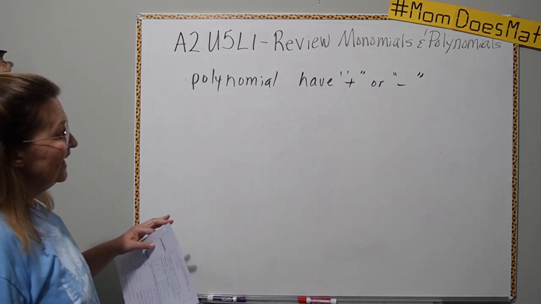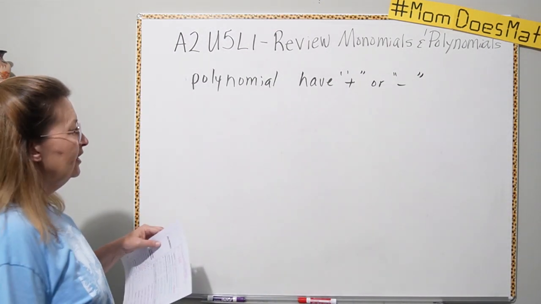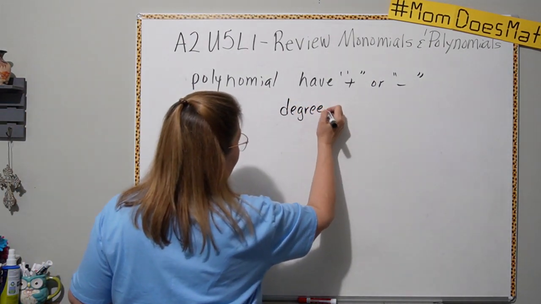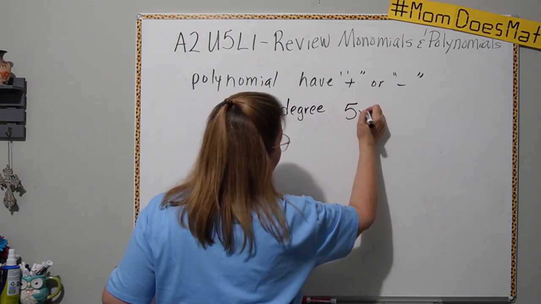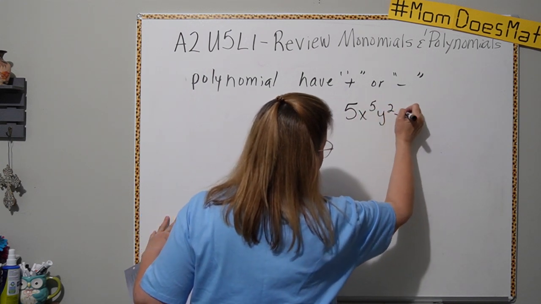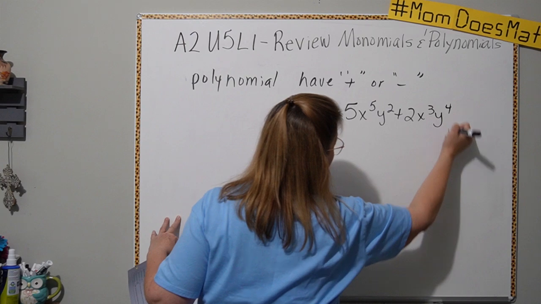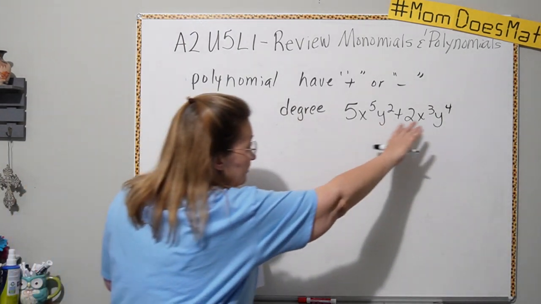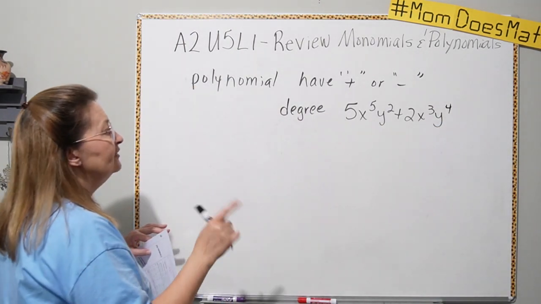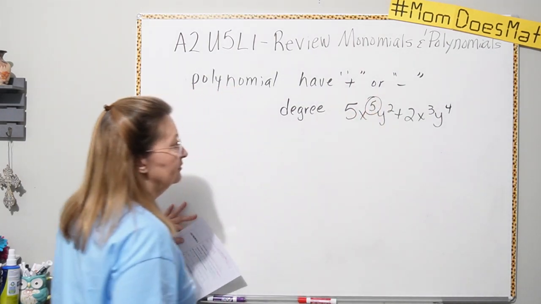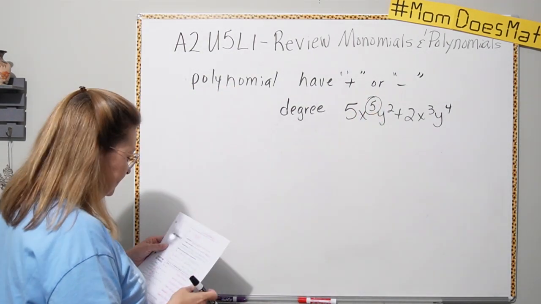Now, the highest exponent in a polynomial is called its degree. So when you look at your polynomial, like 5x to the 5th y to the 2nd plus 2x to the 3rd y to the 4th, when I look at all those exponents, the highest one is the degree. So the degree of this polynomial is 5, and that's all it means.